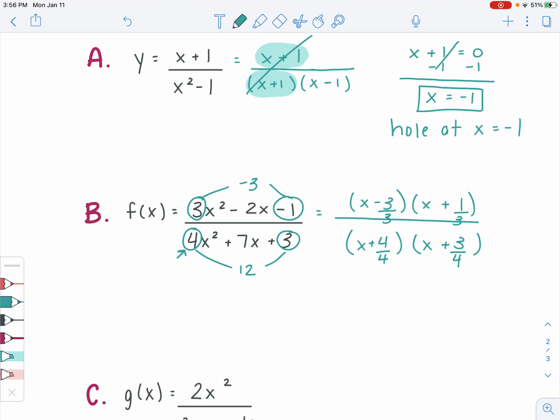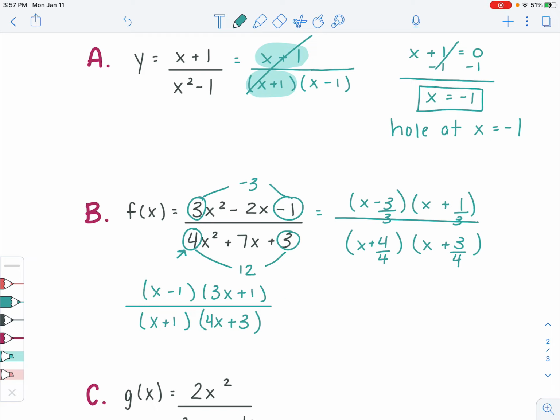Now when I simplify, I get x minus 1 and 3x plus 1 over x plus 1, and 4x plus 3, because I got to bring my bottom up.